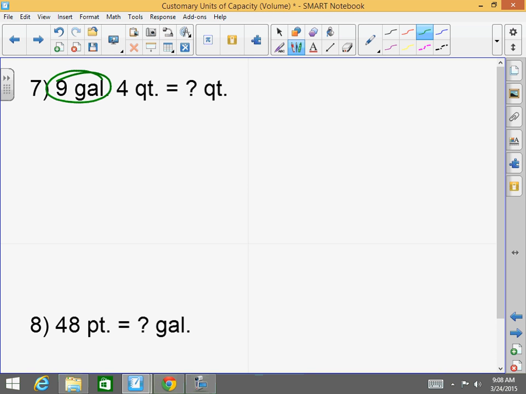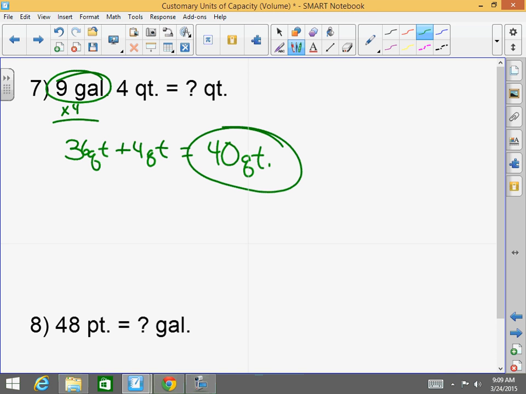How many quarts in a gallon? 4 quarts. So, I'm going from gallons to quarts, so I multiply or divide? I'm going large to small. Multiply. So, times 4. So, that's 36 quarts plus 4 quarts. So, that equals 40 quarts in total.